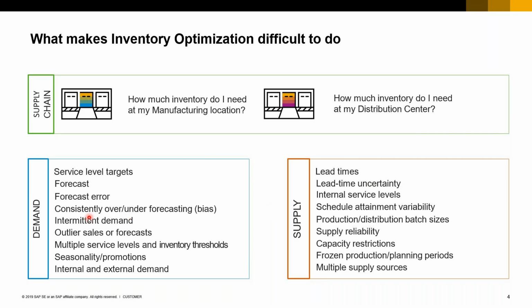So under forecasting or over forecasting, that is known as the bias. So if someone asks you what is forecast bias, it's a tendency to measure whether it's under forecasting or over forecasting, right? So if there is a demand of 100 and the forecast is coming up as 1000, then it is over forecasting, right?